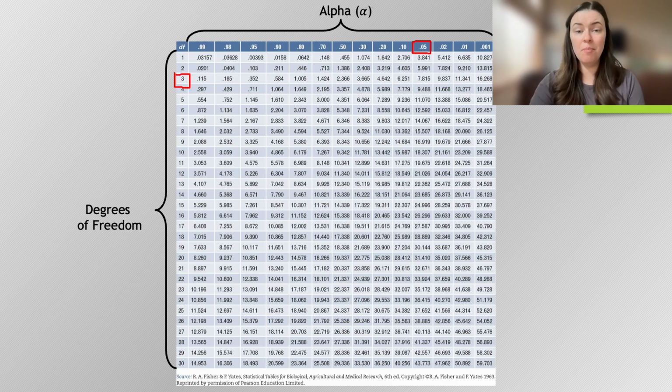We need to find the middle point of these two variables. So with a degrees of freedom of 3 and an alpha value of 0.05, our corresponding chi-square critical value is 7.815. So again, that's our critical region or our cutoff value that serves as the barrier of our rejection zone.